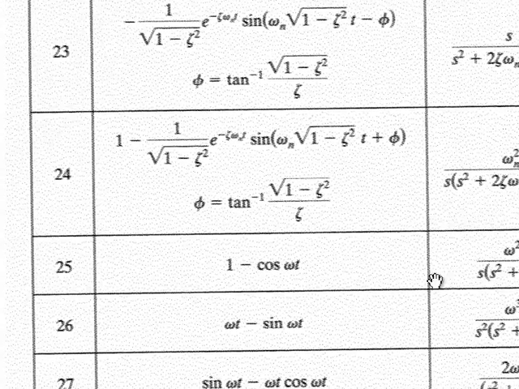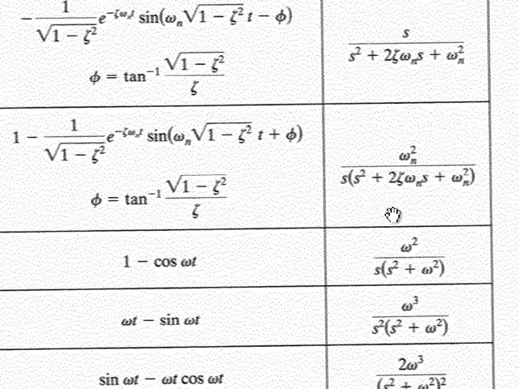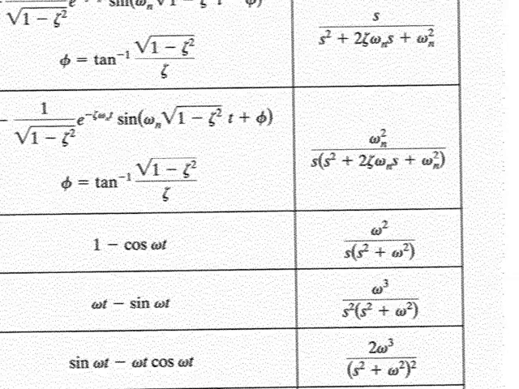This line, line 24, looks like it's a pretty good bet. It has a 1 over s here, and it also has an s squared plus an s term plus a constant term multiplied by that. So we want to see if the numerator matches.